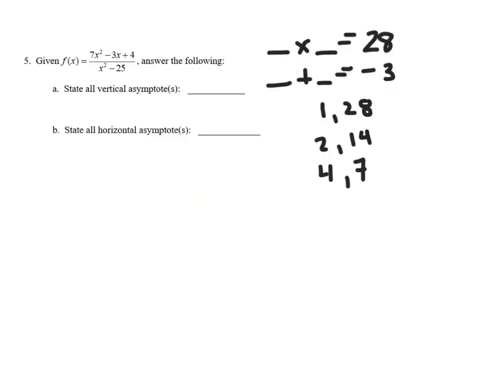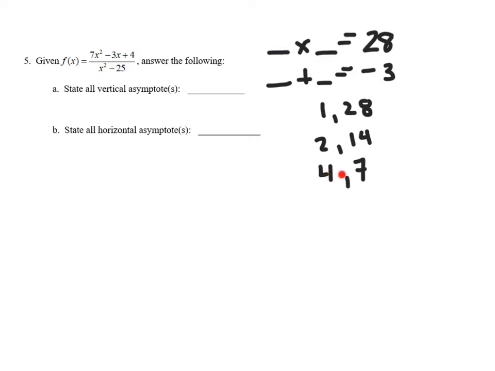In a problem like this, you have to start right away thinking about factoring, because we're looking for horizontal and vertical asymptotes. In the numerator, I've got a lead coefficient of 7, so I'm looking for 2 numbers that multiply to 28 but add to -3.